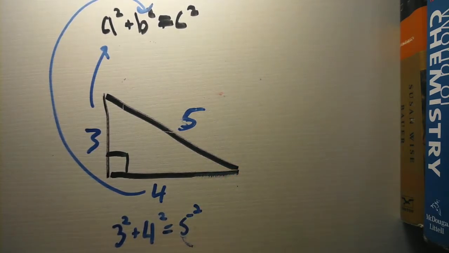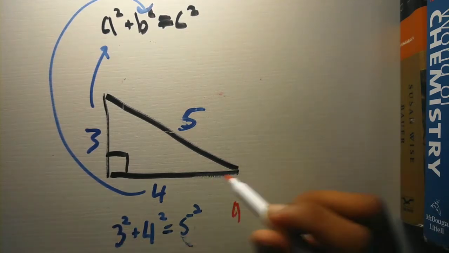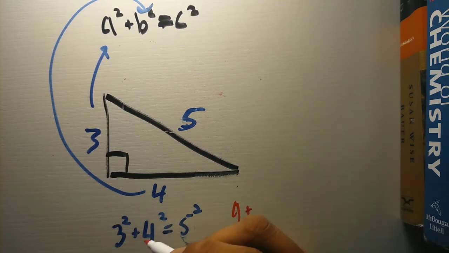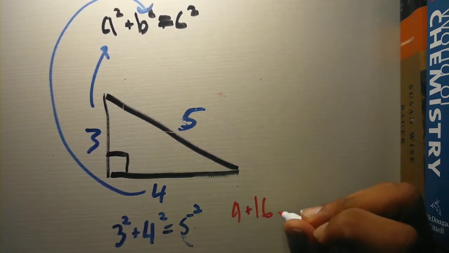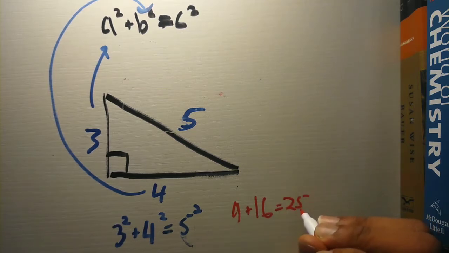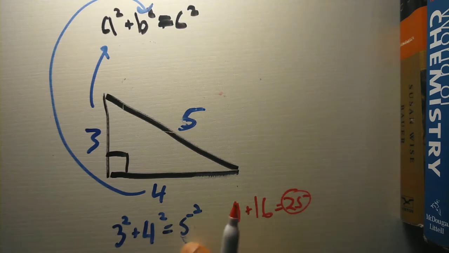Now let's write it out. What's 3 to the power of 2? That's 9. These are easy squares. Plus 4 to the power of 2, which is 16. What does that equal? That equals 25. And we can tell this already beforehand because 5 to the power of 2 is equal to 25.